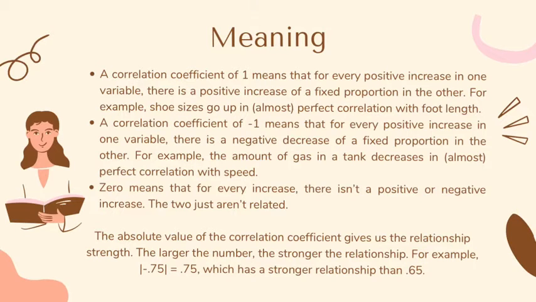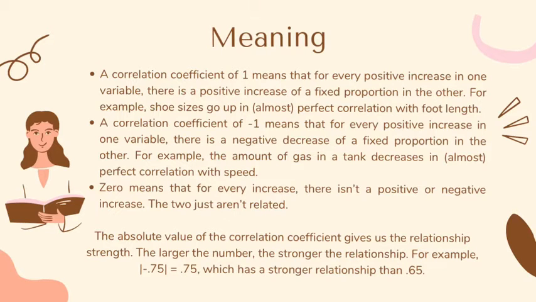A correlation coefficient of -1 means that for every positive increase in one variable, there is a negative decrease of a fixed proportion in the other. For example, the amount of gas in a tank decreases in almost perfect correlation with speed. 0 means that for every increase, there is no consistent positive or negative change. The two just are not related.